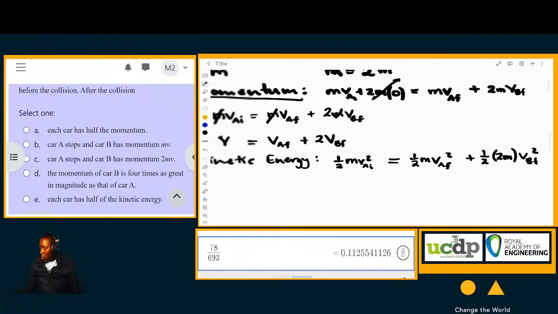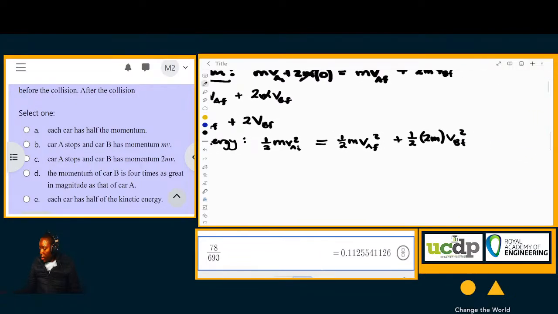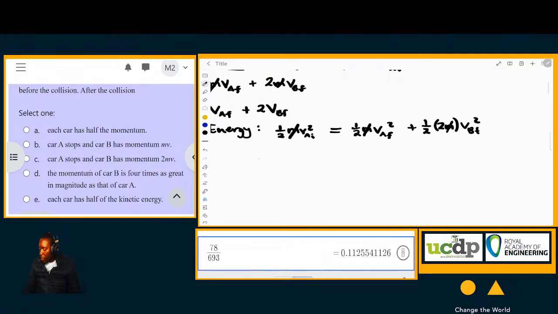According to what we have here, we can eliminate the m. Then we have half VA initial, which we said is V, so we can simplify that. Half V squared equals half VA final squared plus VB final squared, or we can even remove the half since it's common everywhere. So V squared equals VA final squared plus VB final squared.